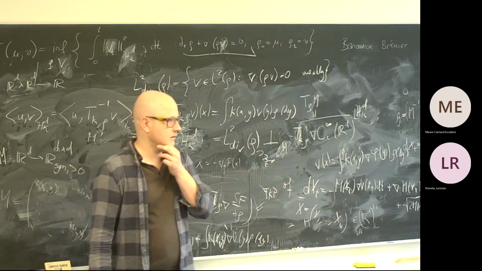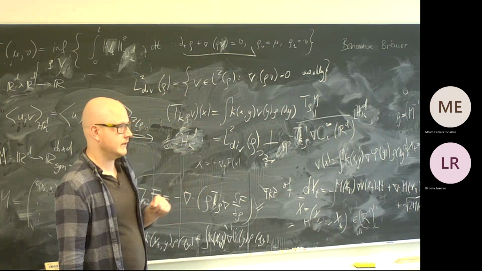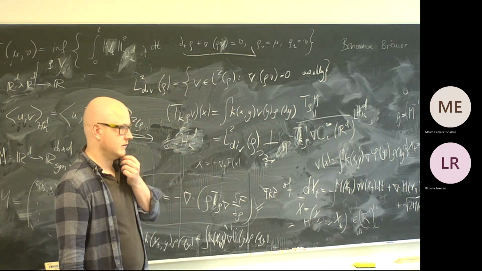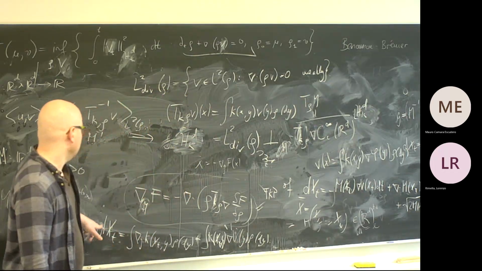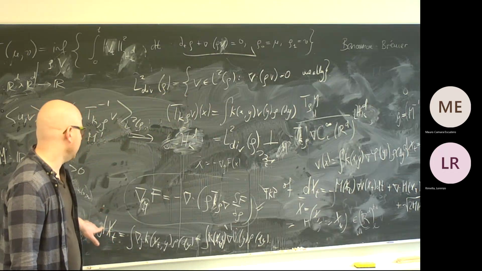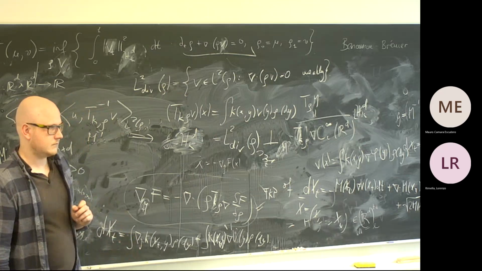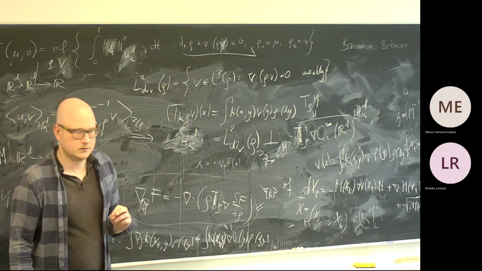Just to clarify, the limit is not t going to infinity, it's n going to infinity. Yeah, so this is a finite n description because it's a weak form of the ODE.